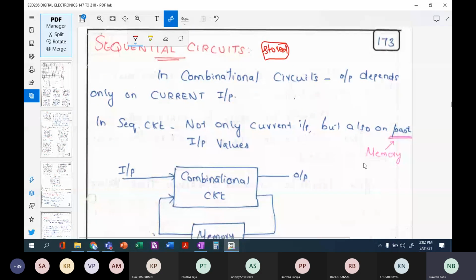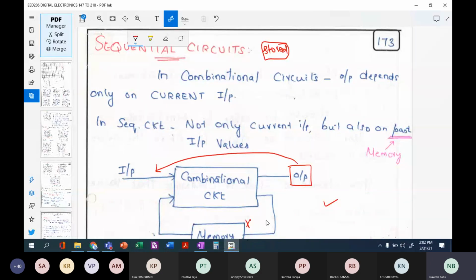So the simple block diagram is given here. Before that, I'll just tell you the difference again: in a combinational circuit, your output will depend only on the input, which means that you do not have this memory block.